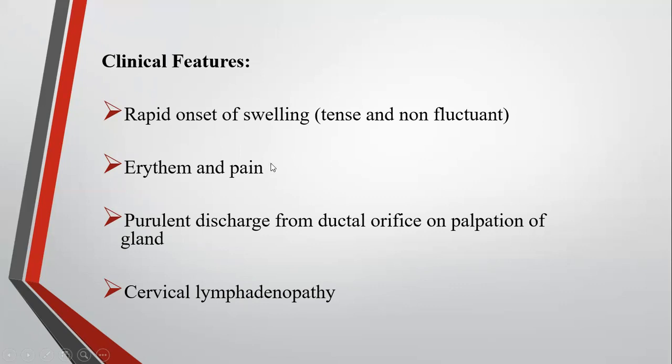However, in viral sialadenitis, we see non-erythematous swelling. So do remember this as well. And in bacterial sialadenitis, there will be cervical lymphadenopathy, and there will be purulent discharge from the ductal orifice on palpation of the gland. It will come under the heading of scenario. The patient presented with this, so you will need to know whether it is viral sialadenitis or bacterial sialadenitis.